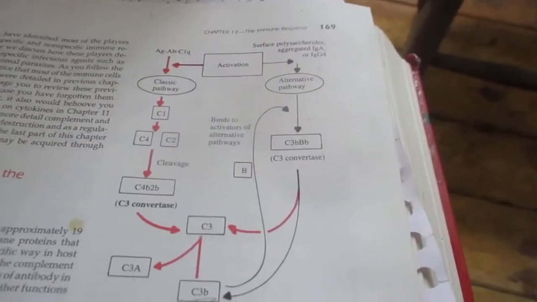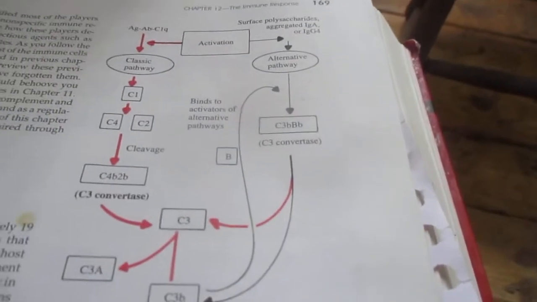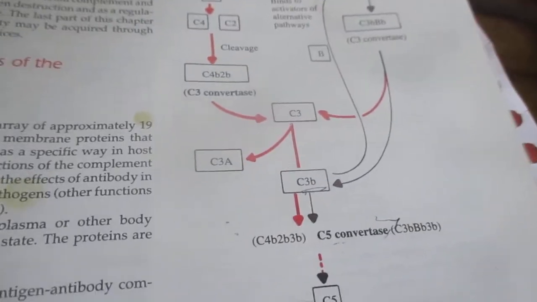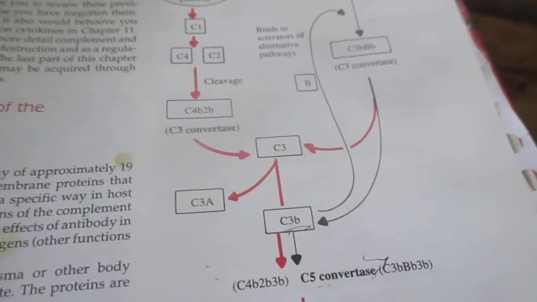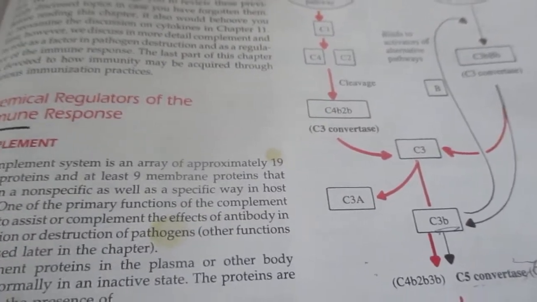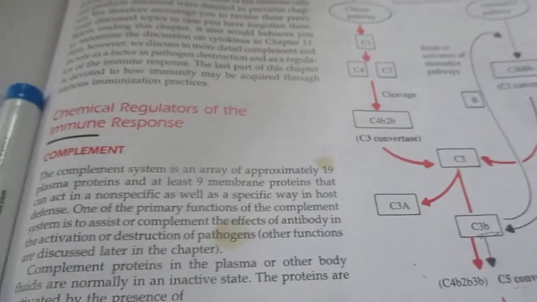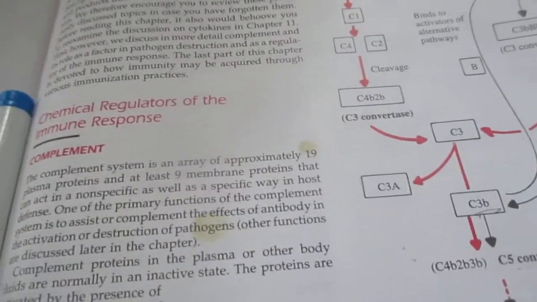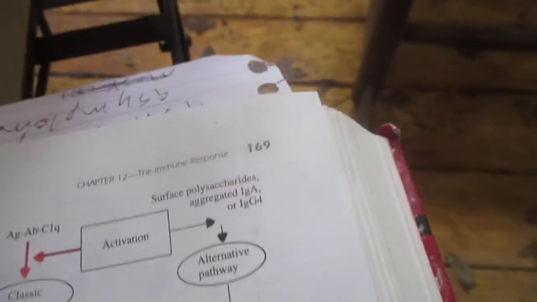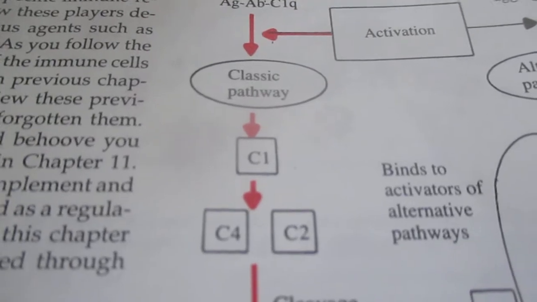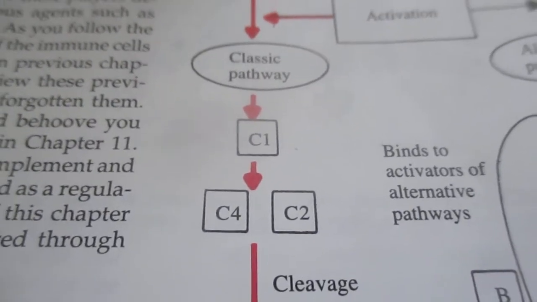Here is a schematic of this complicated system here. Okay. So we have C1. C1 protein is actually composed of 3 different proteins.